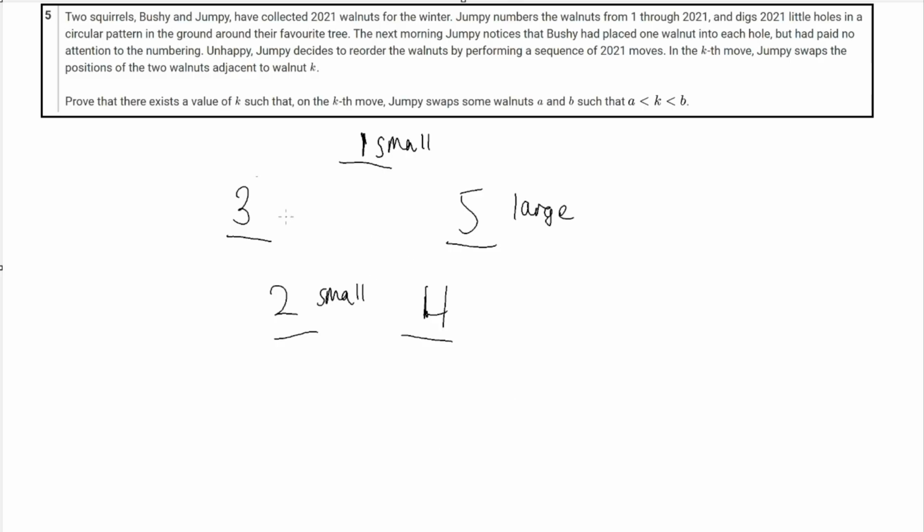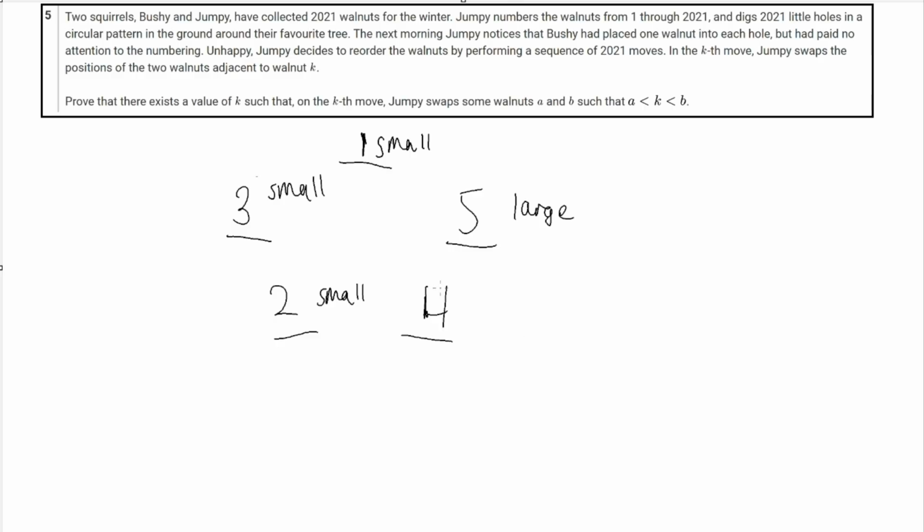Then that means that we don't know what happens with 3 or what happens with 4, but we can just assume that everything beyond 4 is large, because if the 3 was next to the 2 instead, then it would be 3, 4, 5, so that would mean that 3 is also small.